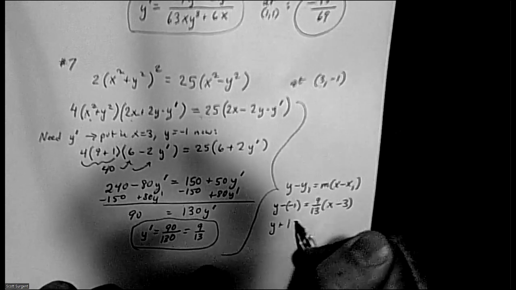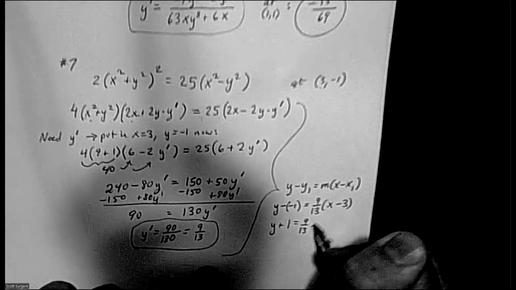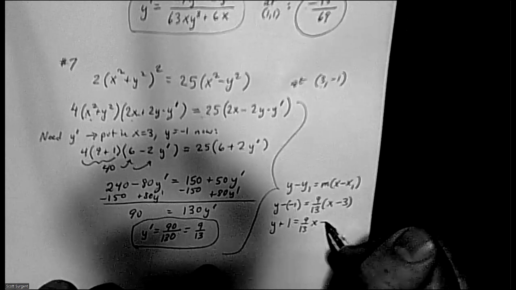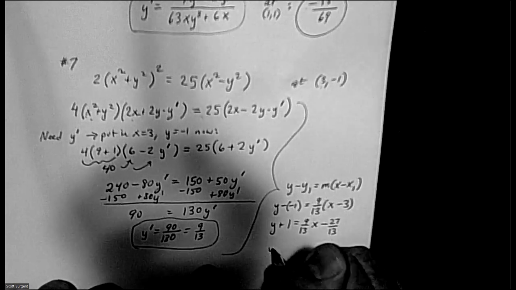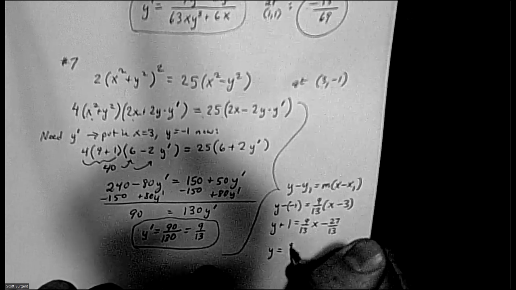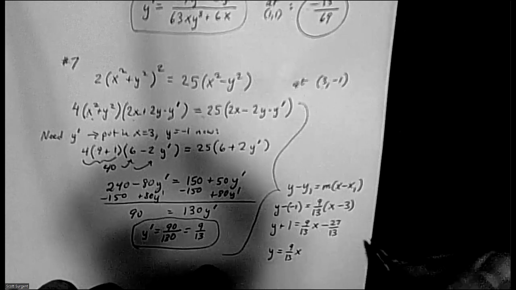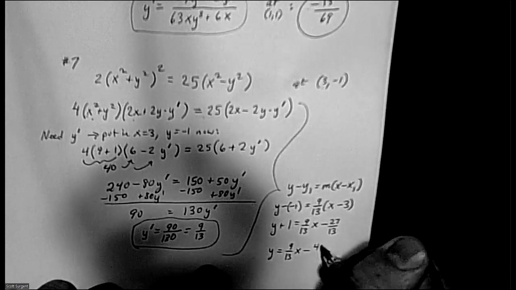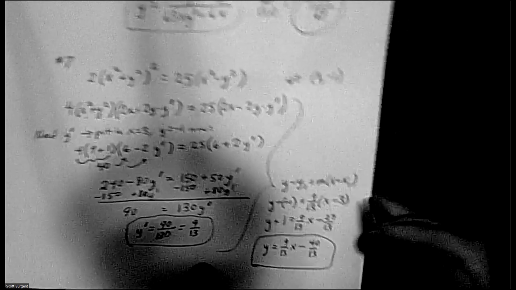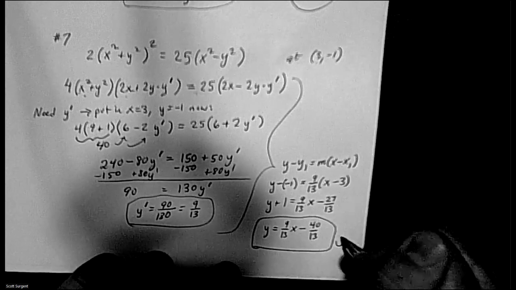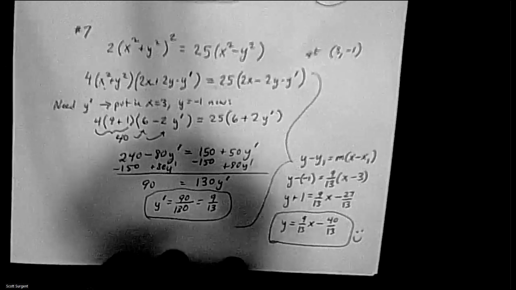So y plus 1 equals 9/13 x, and distributing the 9 gives minus 27/13. Then when I take away 1 on both sides, I have to do fractions now. That's going to be -40/13. And that's our answer.